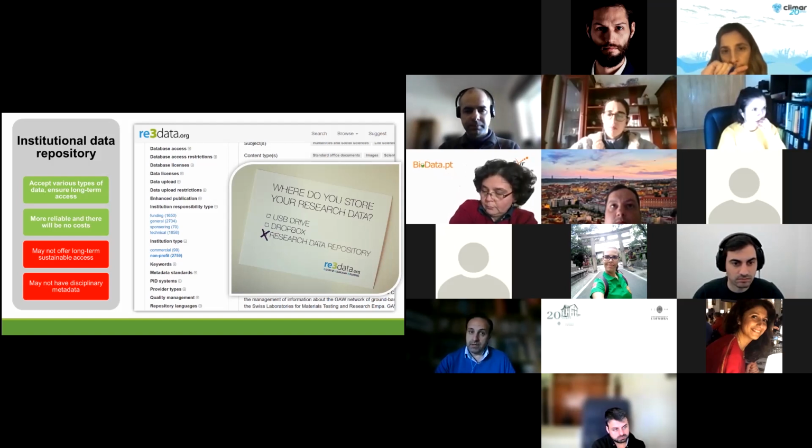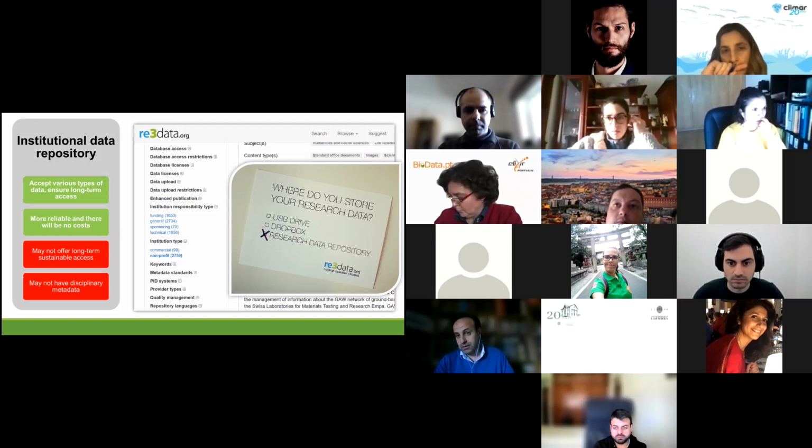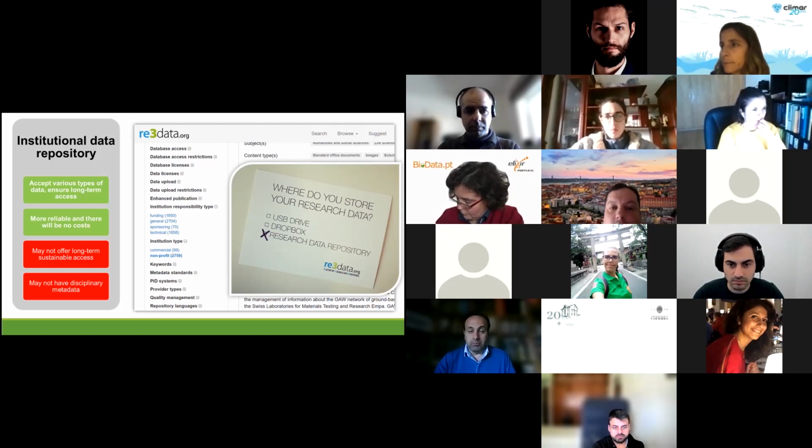Even if a researcher produces data and is no longer working for the institution, we keep the data for upcoming research projects or for other researchers that will join the team, and also to comply with some of the policies that the institution may have. This is a very, very good solution.